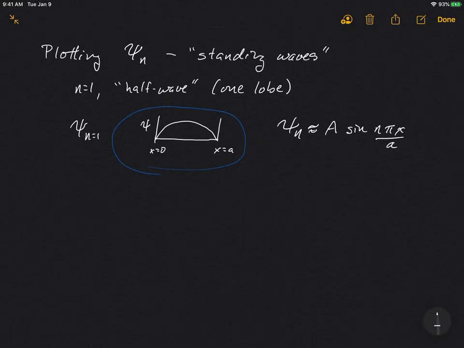So moving on to the next issue. That's for n equals 1. Again, that's the lowest energy state. We call that the n equals 1 state. N would be our quantum number, and it's an integer starting at 1. Now, for other systems, the quantum number could start at 0. It kind of depends on how the math works out for that particular system.